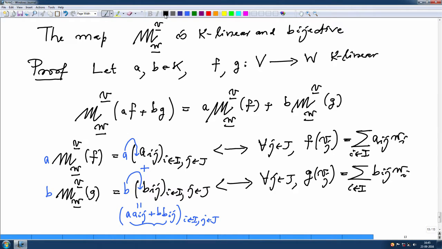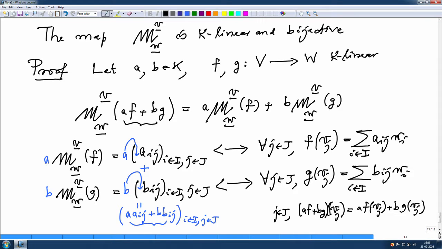Left side is what? Now the linear map is this. So I have to evaluate the linear map for each j in J. I have to evaluate AF plus BG at Vj. But the way it is defined, this is A F of Vj plus B G of Vj.